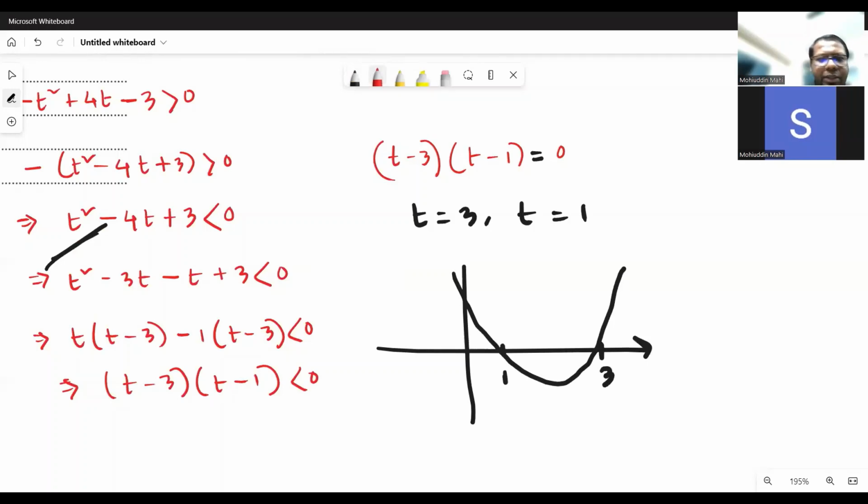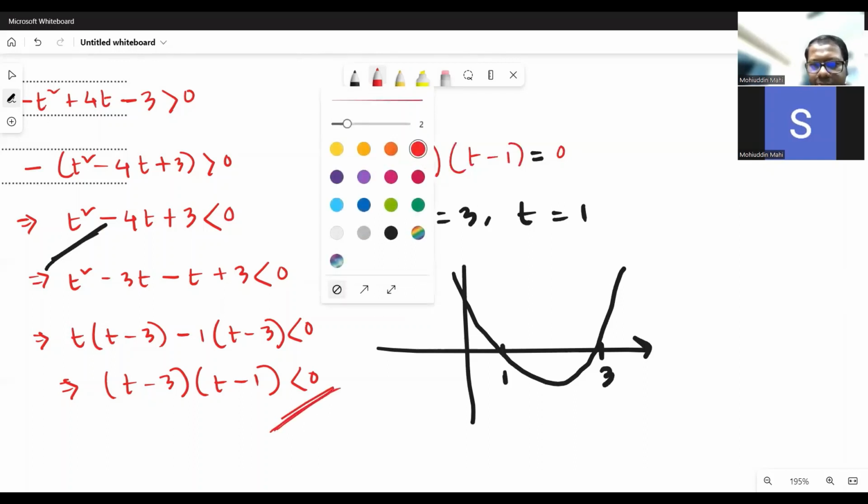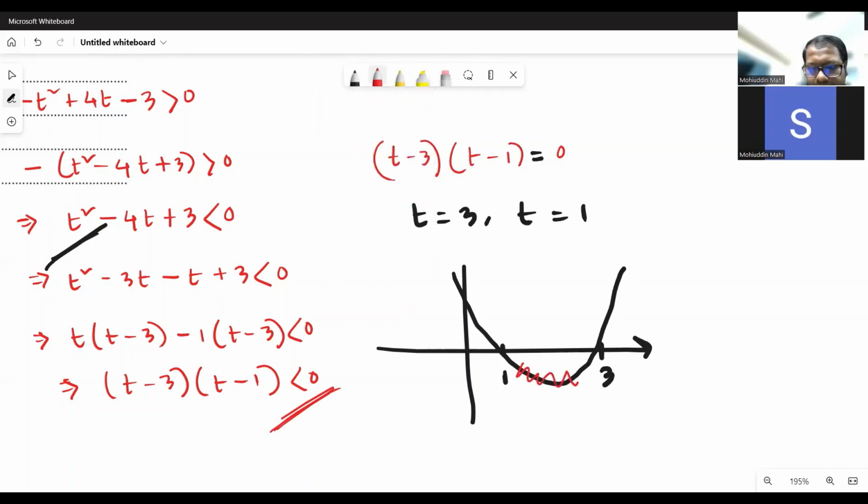Now the inequality here is less than 0. So we have to consider this part of the graph. This part of the graph is less than 0. That means when we are considering the time duration from 1 second to 3 seconds, at that moment the value will be less than 0.